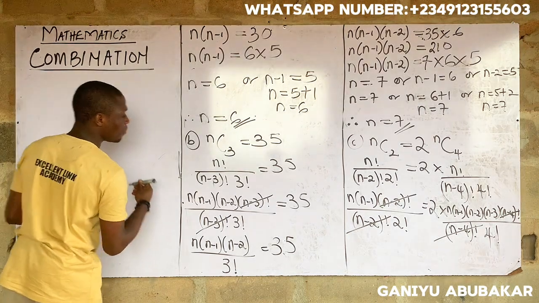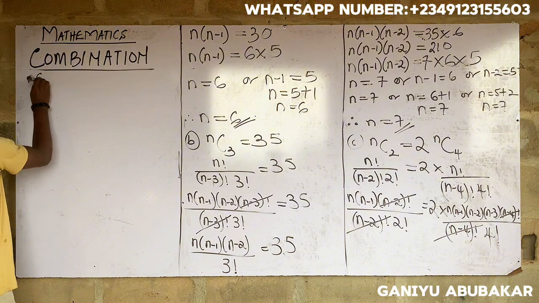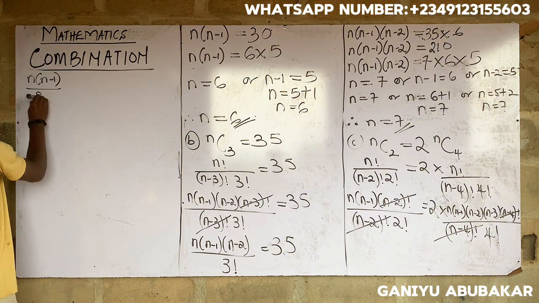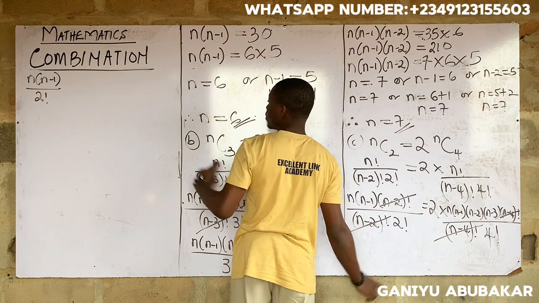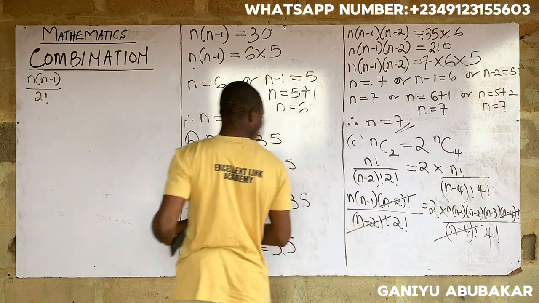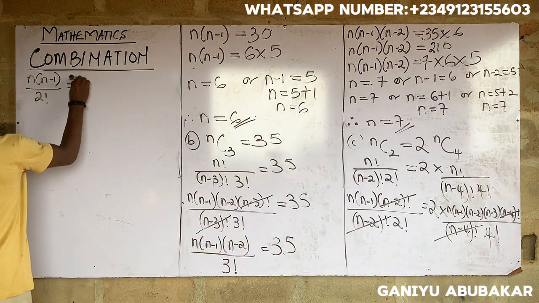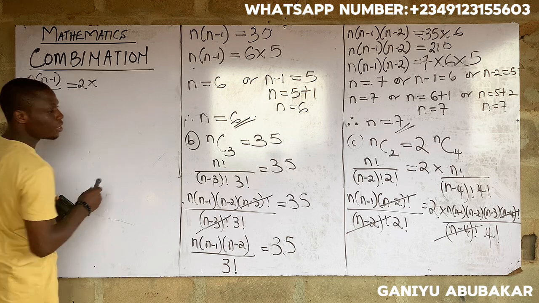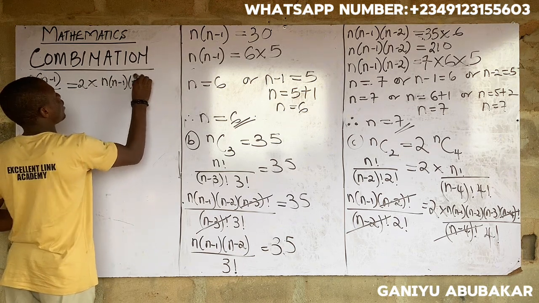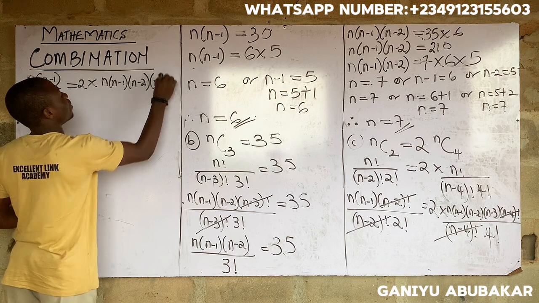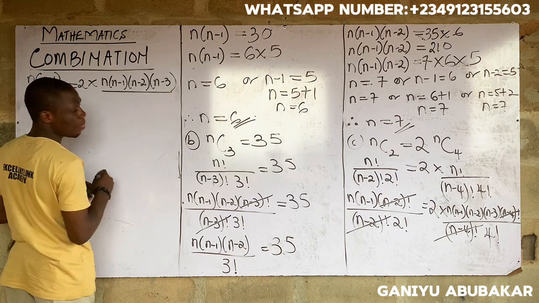From there now, I'll be having n into n minus 1 over 2 factorial, this one and this there, is equal to 2 times n into n minus 1, n minus 2, n minus 3, all over what there?